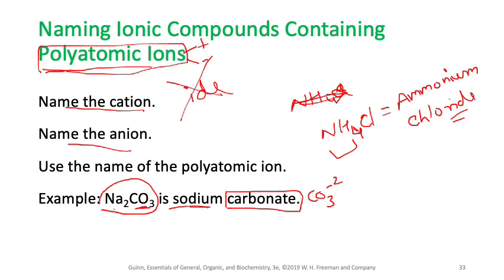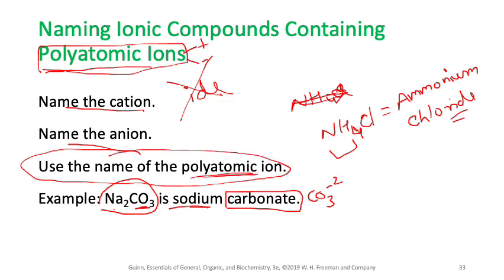Because chlorine is not a polyatomic ion. This rule works only for the polyatomic ion. If the other part is a monoatomic ion, chlorine is a single atom, then you have to end the name with -ide: chloride. But in the case of CO3, sodium carbonate, even though it is also an ion, it is a polyatomic ion, so we didn't write -ide. So remember this concept.